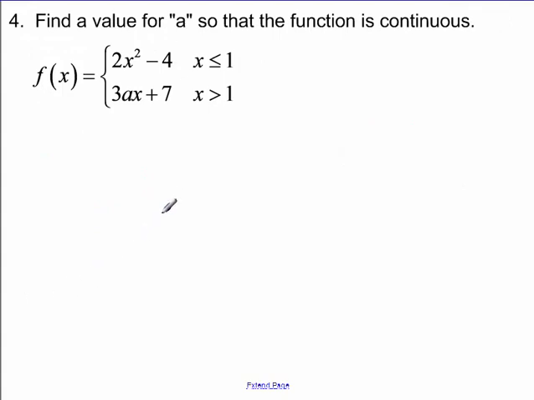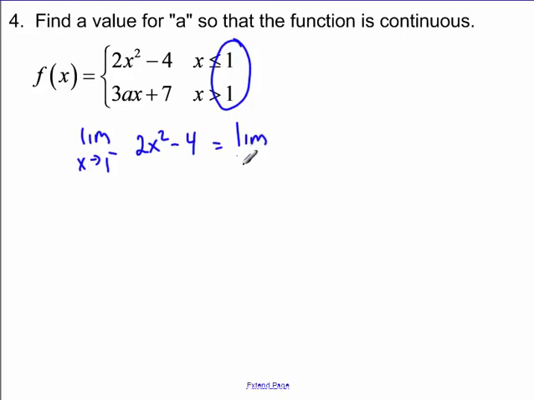Okay, find a value of a such that our function is continuous. So really we want the limit as x goes to 1 from numbers a little bit less to equal the limit as x goes to 1 from numbers a little bit more. I'm choosing 1 because that's my breaking point in my piecewise function. Since these are both polynomials, I can plug in 1 for x.